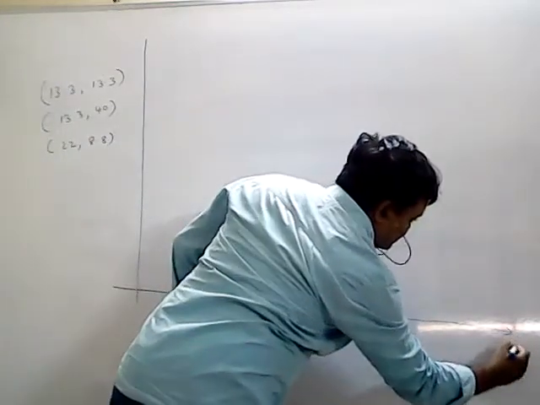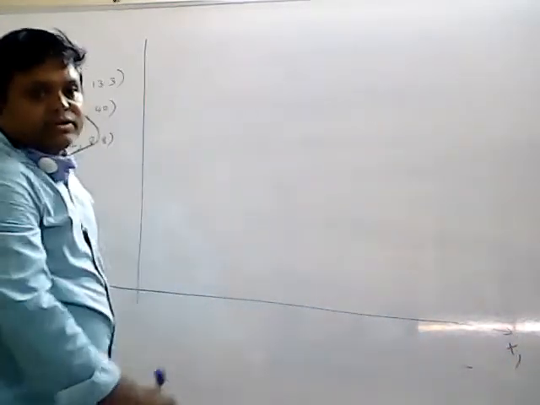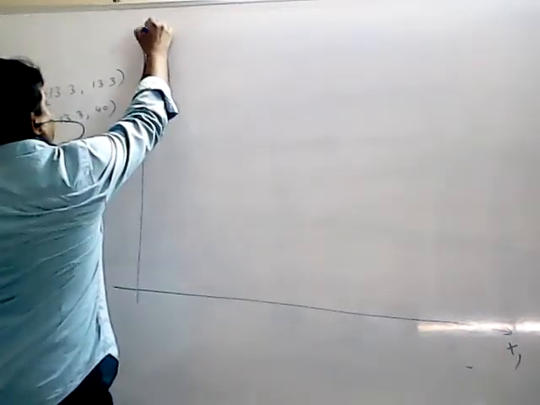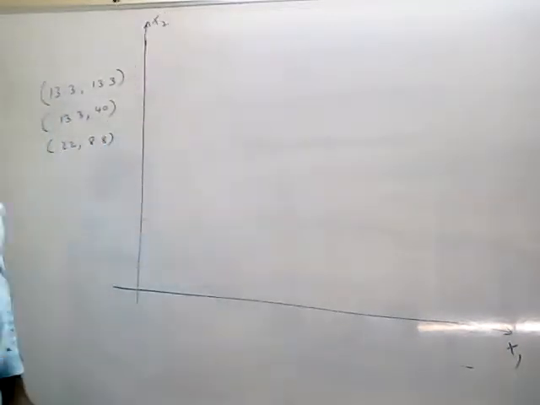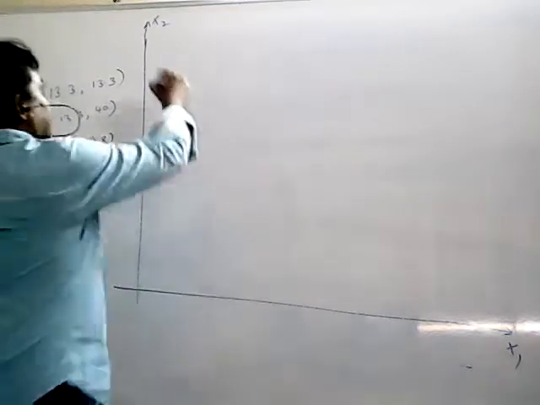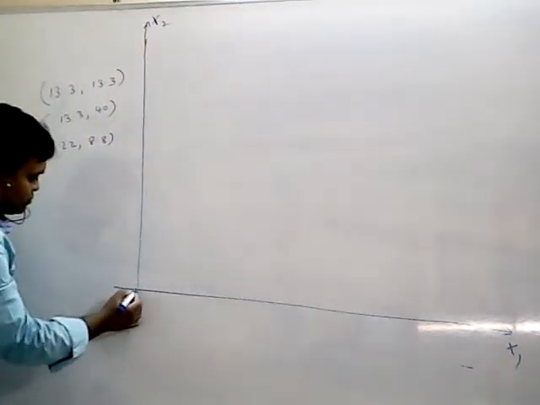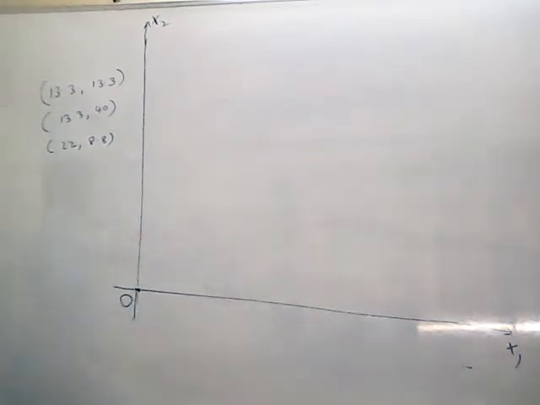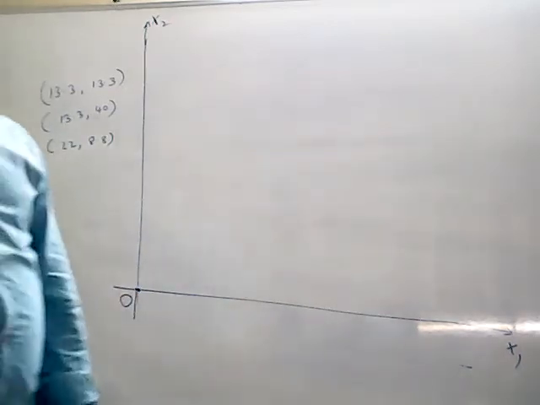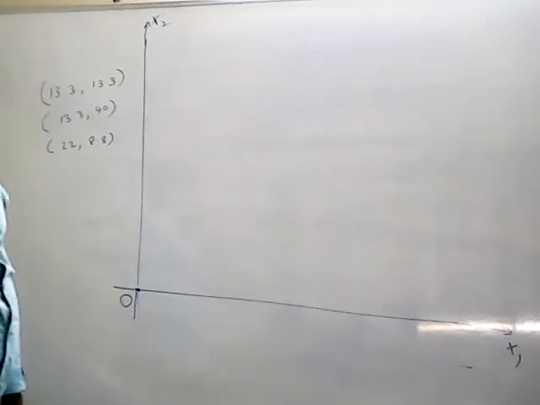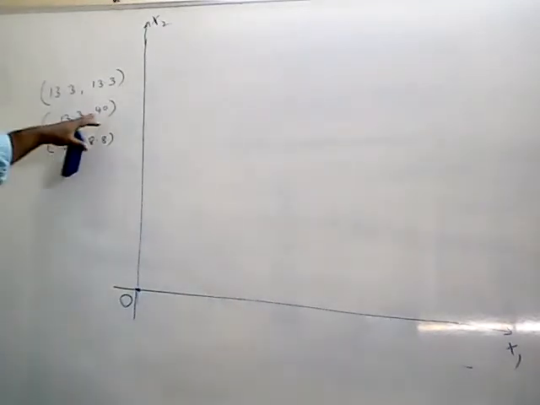So this is x1, and this is x2. This point is the origin, origin point O. Now you can consider the scale. 40 is the highest value. So with a difference of 5, 40 means 8 values I will consider.